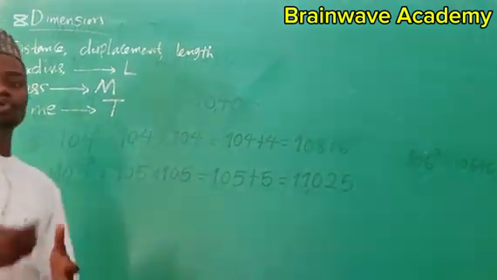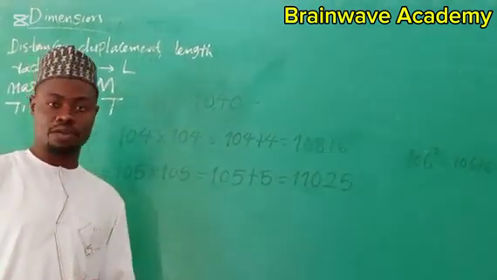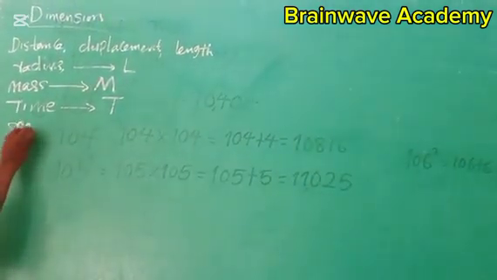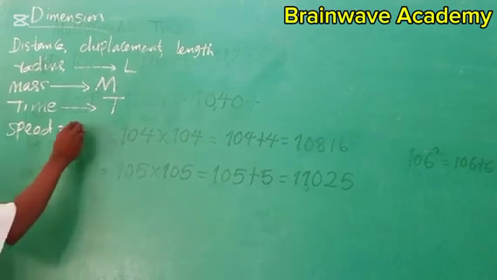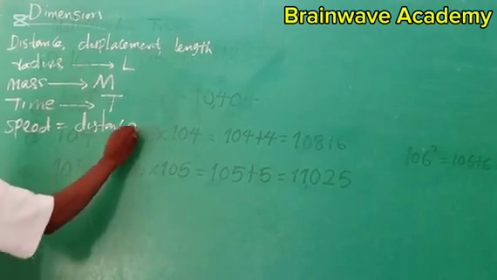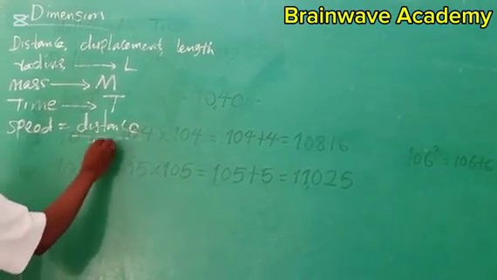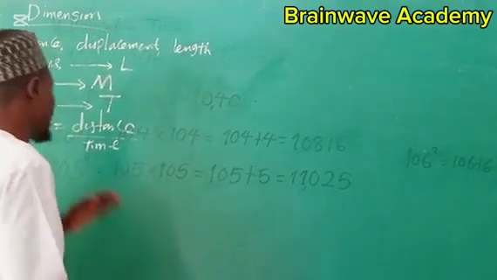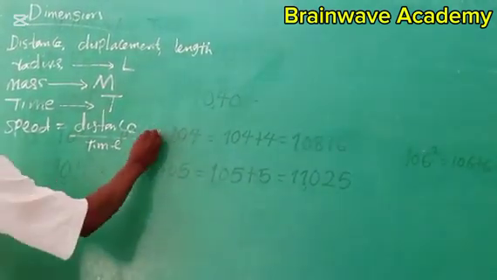But before that, we have to know the formula for physical quantities. For example, speed. Speed is equal to distance over time. We have to know the formula before we can actually know the dimension. And if I want to know the dimension now, what do I need to do?